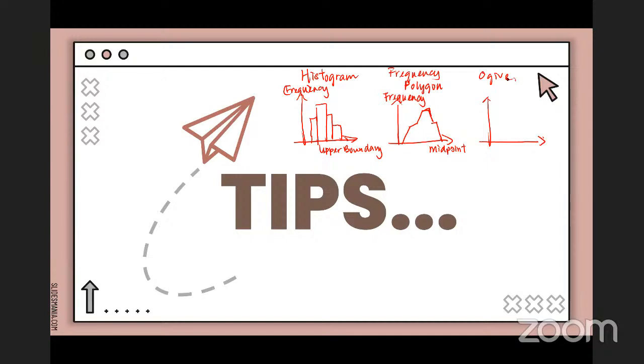And the ogive, the y-axis will be cumulative frequency, and the x-axis will be upper boundary. It is only a line graph like that. So these are the 3 that you should remember how to draw.